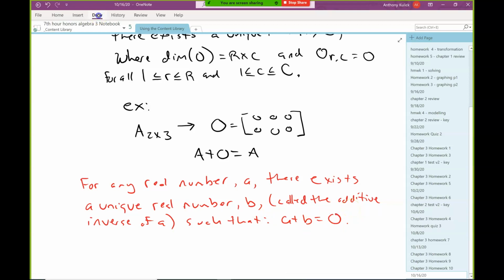So real numbers have additive inverses. So for any real number A, there exists some unique real number B. We call that number B the additive inverse, such that A plus B is equal to 0.